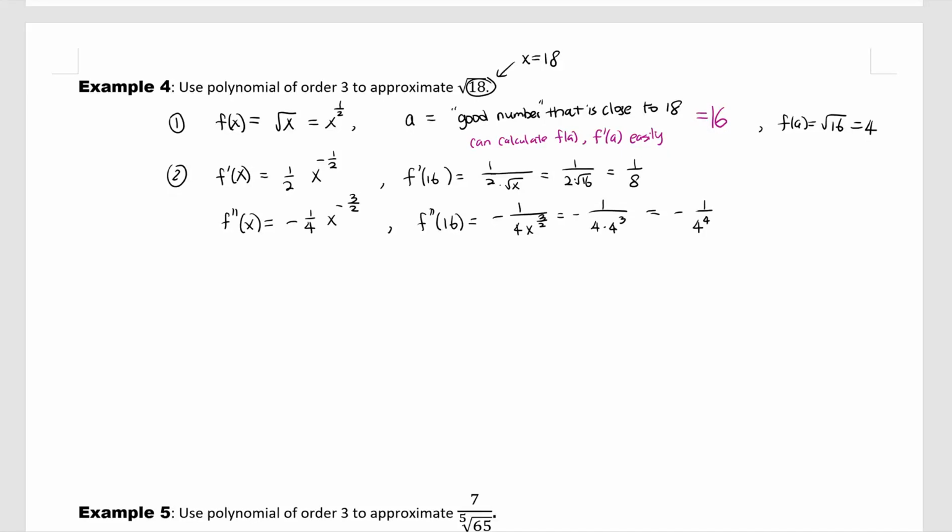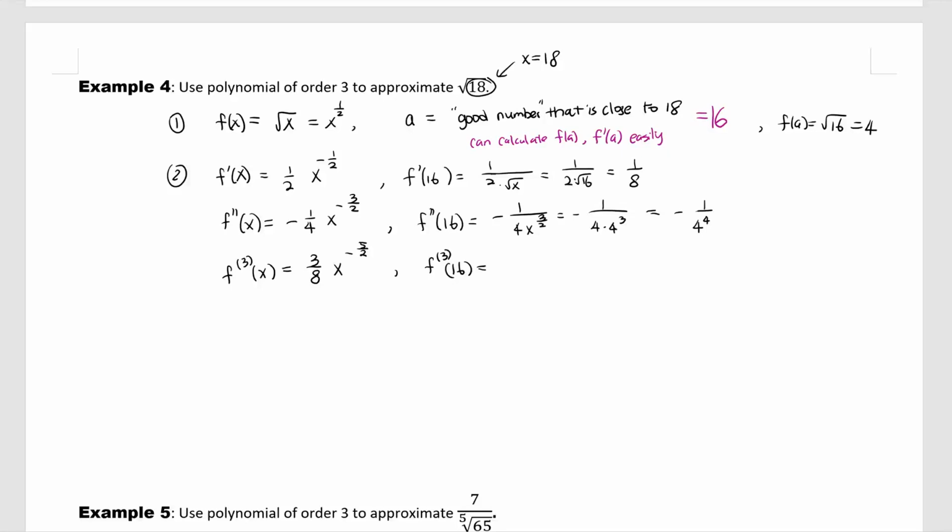So let's keep it like that, and we plug in the numbers at the end using our calculator. Keep in mind, we can only use the 4 basic operations: plus, minus, multiplication, and division. The third derivative: minus becomes plus, 3/8 x to the negative 5/2.